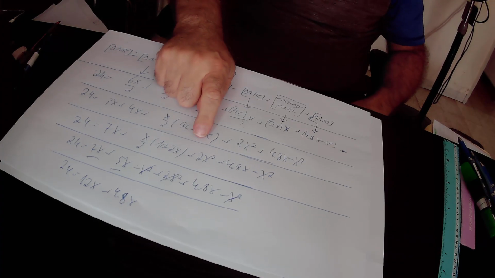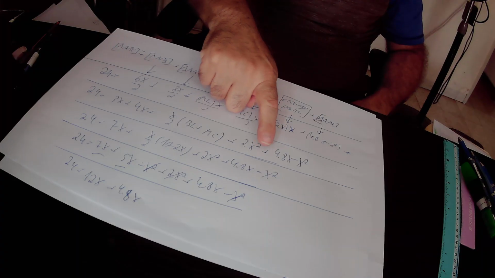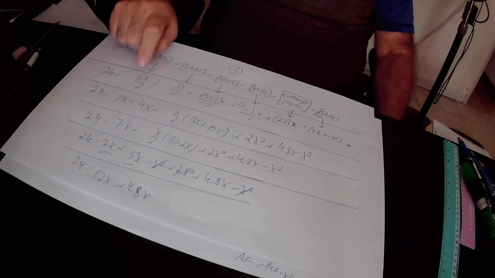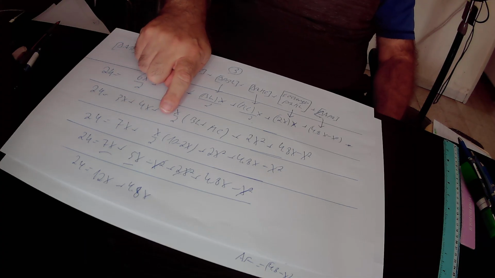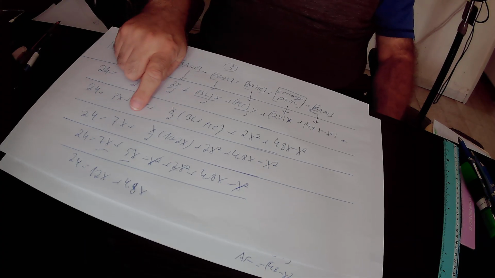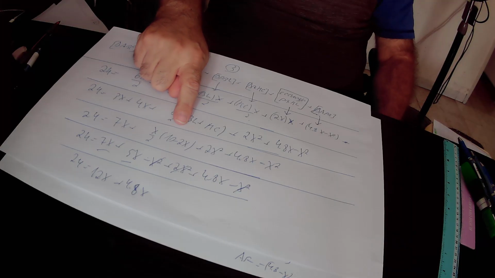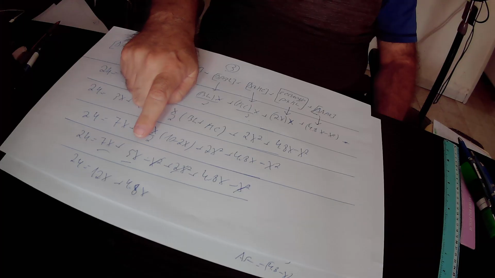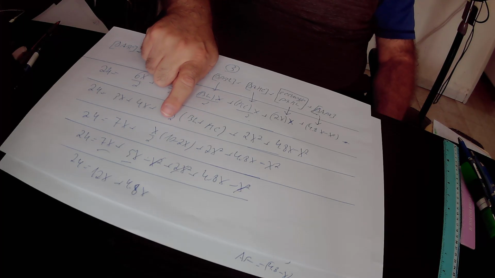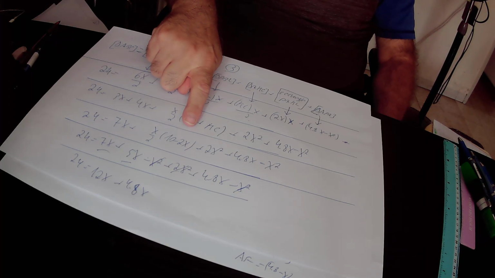And we have 2x squared plus 4.8x minus x squared. So 24 equals 7x times the bracket. We open the brackets of this expression. 10 over 2 is 5, so in total this expression equals 5x. Here we have x over 2 times minus 2x.